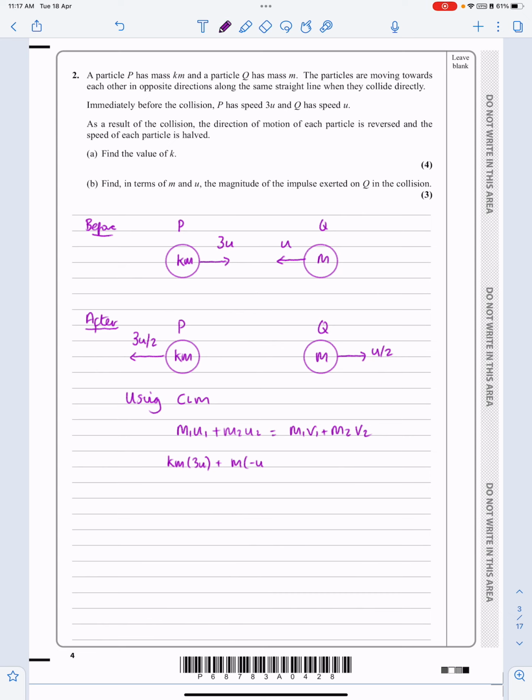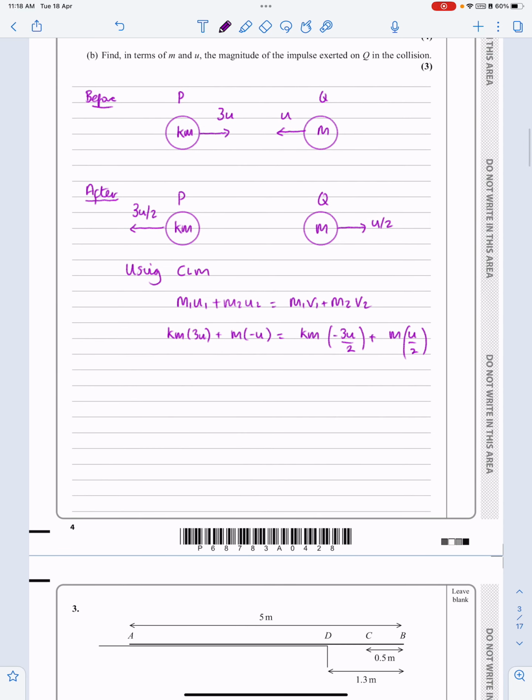So that's equal to Km times minus 3U over 2 plus M times U over 2. Always a quick check to make sure that I've got them all as the positive or negative in the right way.